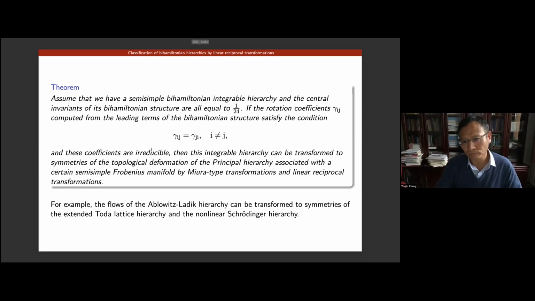So this is the condition that we need to relate the bihamiltonian structure to a semisimple Frobenius manifold. For example, the well-known discrete soliton integrable hierarchy, the Ablowitz-Ladik hierarchy, can be related to the well-known Toda lattice hierarchy and the nonlinear Schrödinger hierarchy, which are related to semisimple Frobenius manifolds. So this is what I wanted to talk about in this seminar.